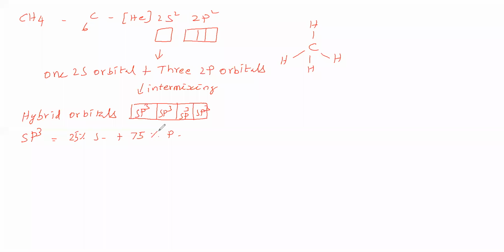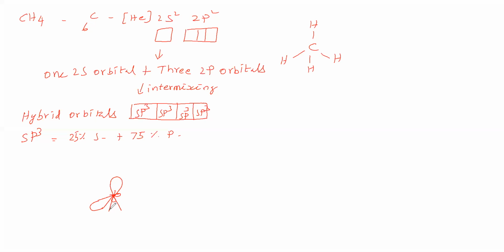So now these four sp3 hybrid orbitals orient around the nucleus of carbon to form a tetrahedron. How will the tetrahedron be there? We'll see. It is a nucleus. Now one sp3 hybrid orbital is orienting like this. Second sp3 hybrid orbital is orienting like this.